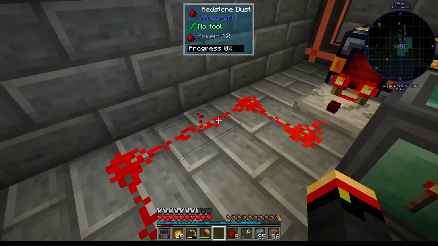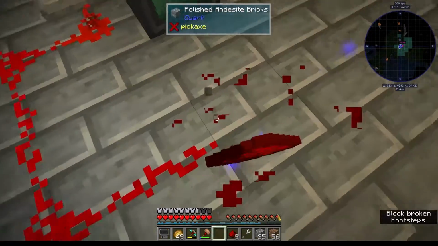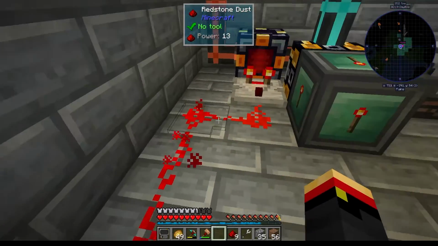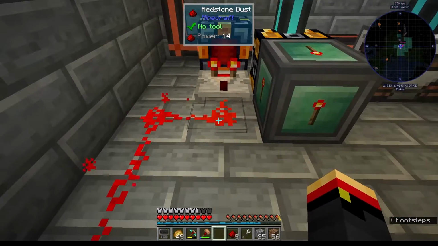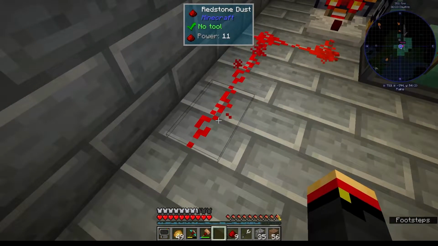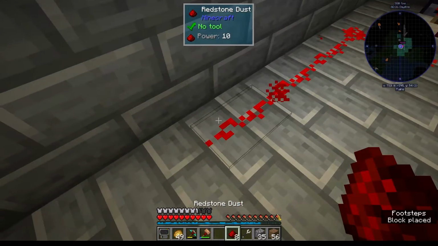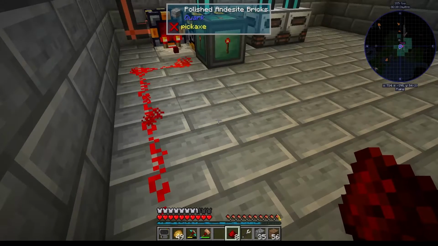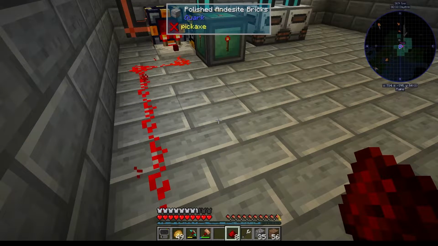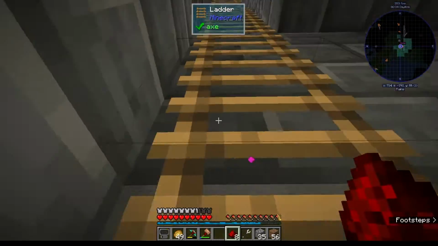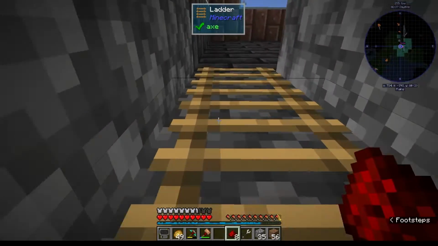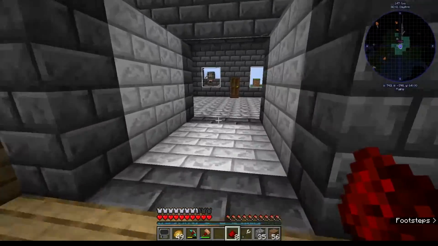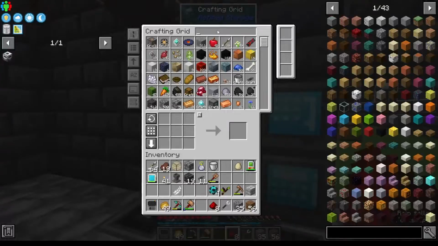So... Okay, you are going away. Redstone taking you away. So 14, 13, 12, 11, 10. Okay, this is where I want you to be something. So let's go get a redstone torch to make a NOT gate, because that's probably the easiest thing to do.